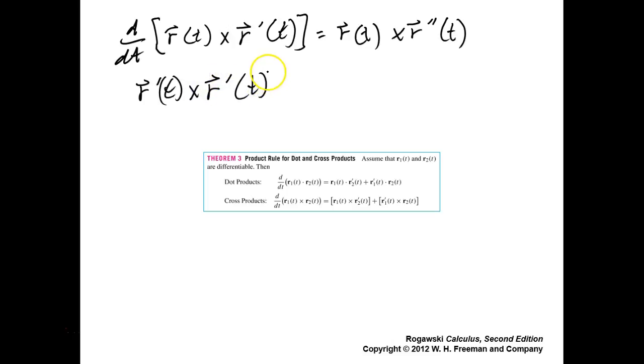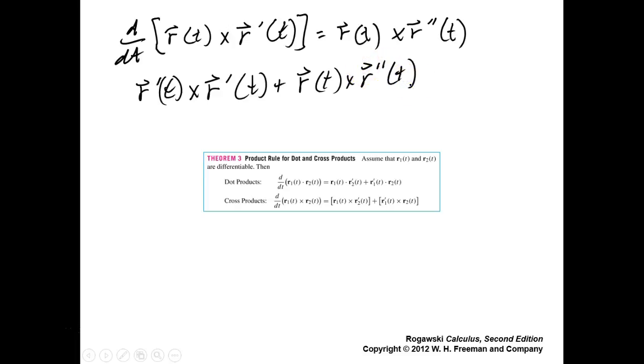Is that what you said? Yeah. Plus, the derivative, or it'd be the first regular. R of t, right, R of t cross the derivative of the second, which is R double prime of t.